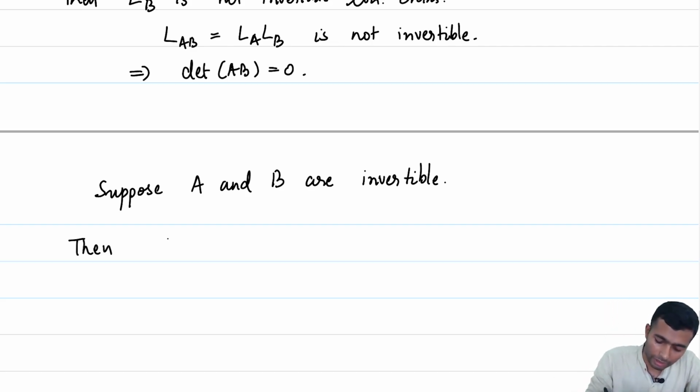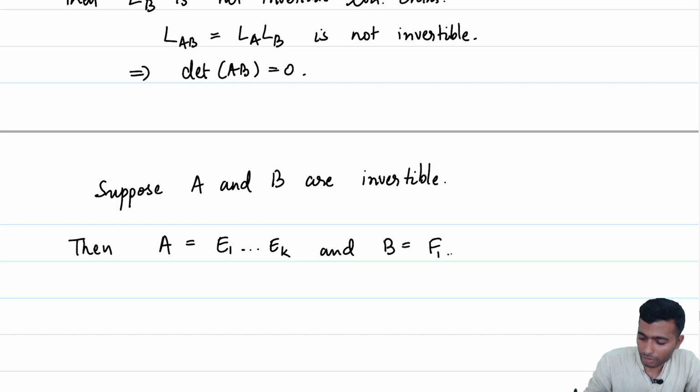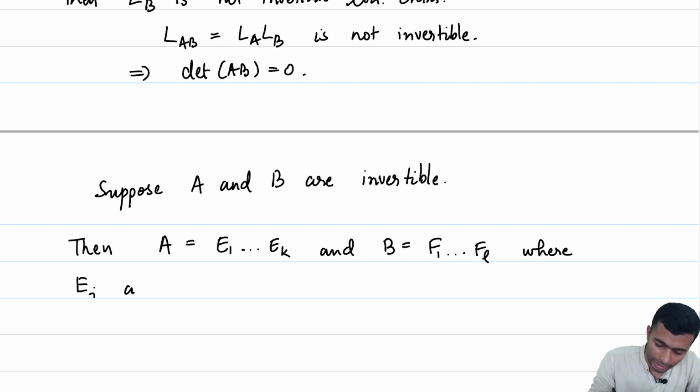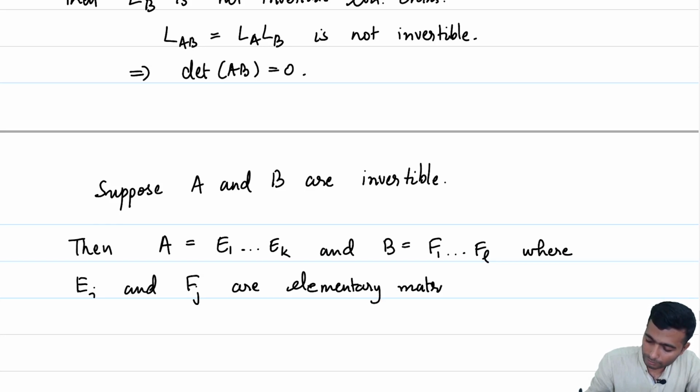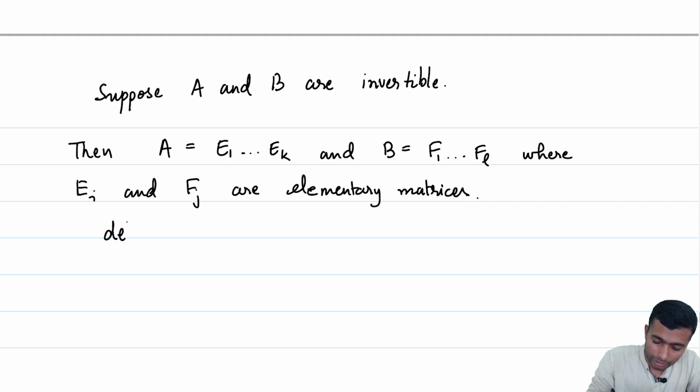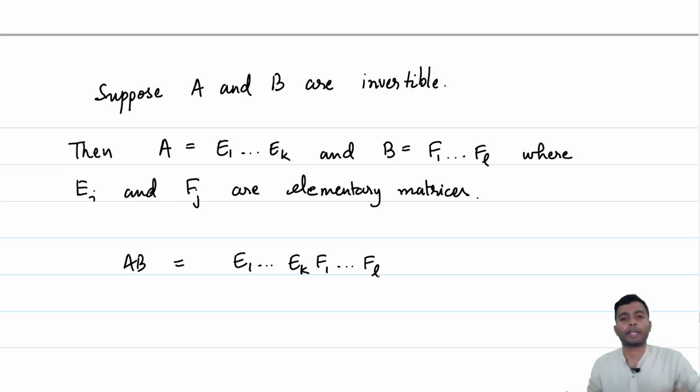So, then A is equal to E1 dot dot dot EK and B is equal to F1 dot dot dot FL, where Ei and Fj are elementary matrices. This tells us that AB will just be equal to E1 dot dot dot EK F1 dot dot dot FL for some K and L.